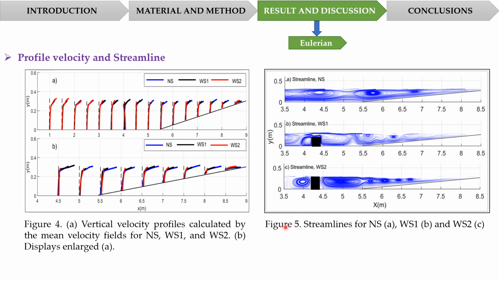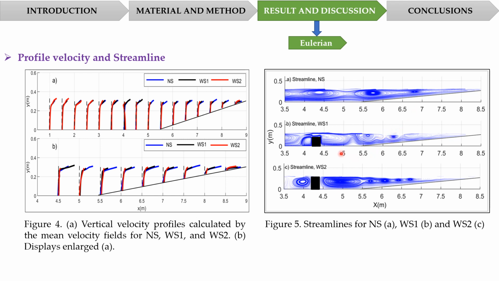And figure 5 shows the streamlines for 3K NS and WS1 and WS2. In the figure, we can see that with non-structure we got only 3 recirculations, and one recirculation is very small.